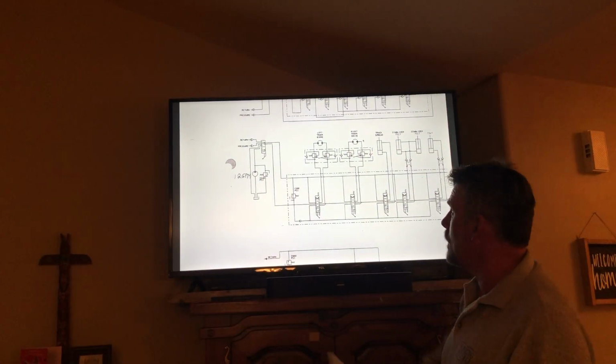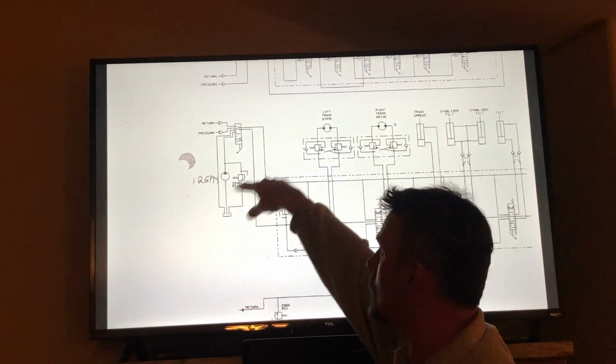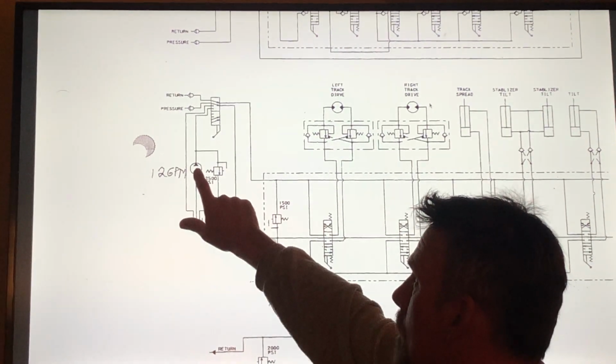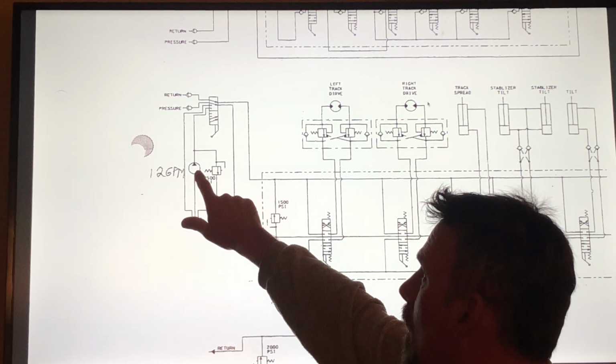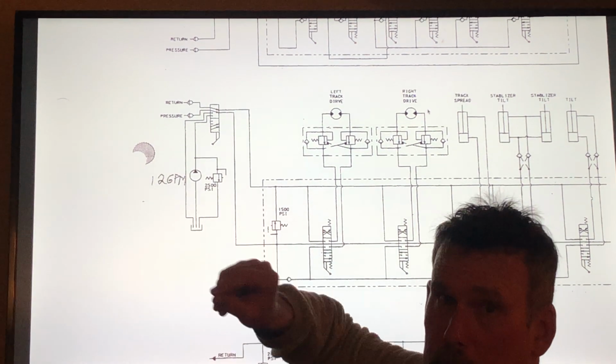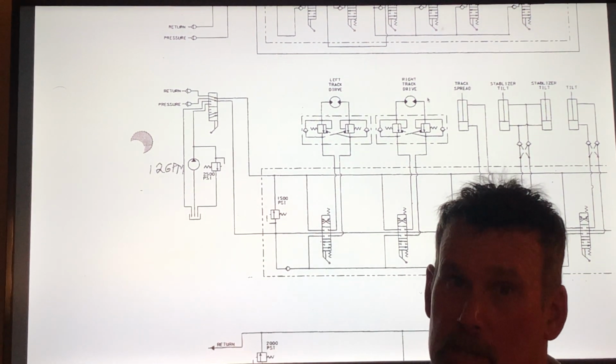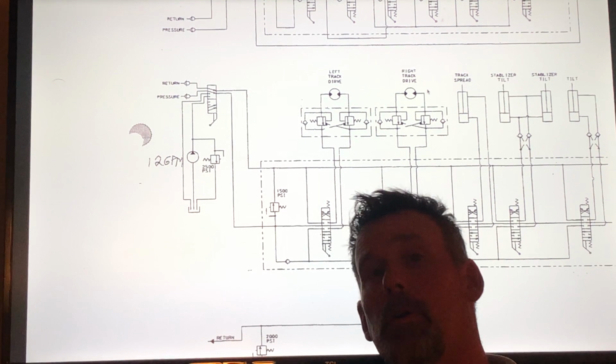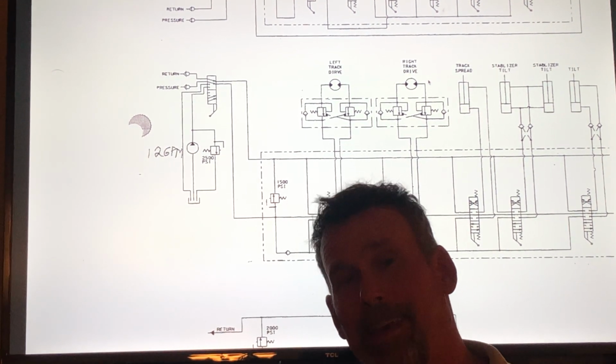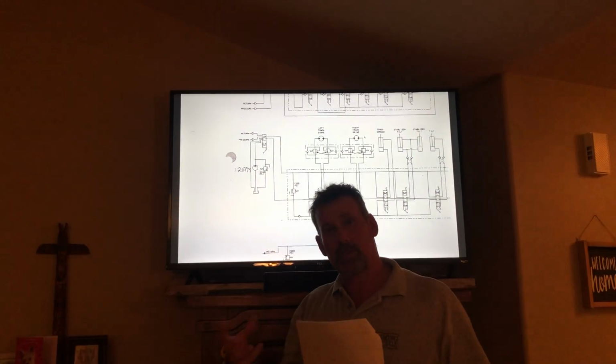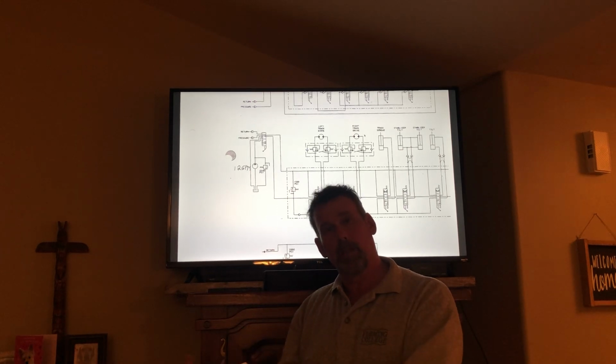And while we're on that, you can see the ISO symbol for this shows that it's a fixed displacement pump and it's a positive displacement pump. So a positive displacement pump means that the pump will push oil into a confined system. Okay, it has that ability.